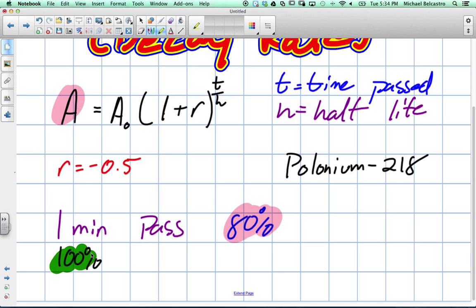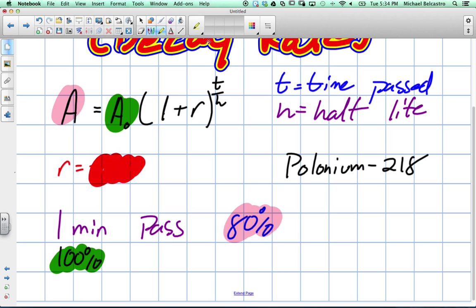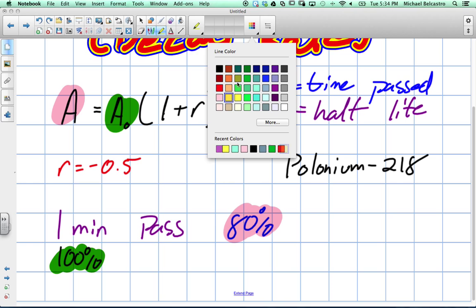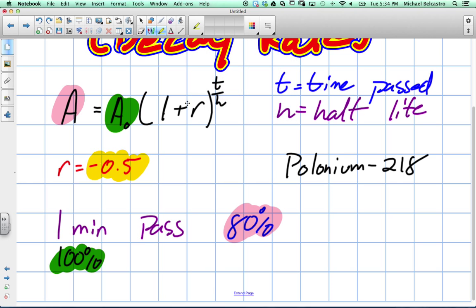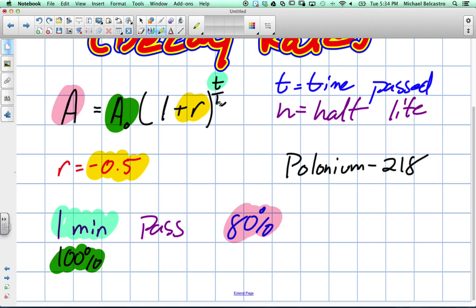So our A naught is going to be the 100% that we started with. Our rate of change, our R, is our 50%, right? Because it's a decay rate. Let's use a different color. Maybe yellow is good. There you go. Okay, so we're going to plug that in. And time passed has been a minute. So 1 minute has passed, so that's what our T value is going to be.